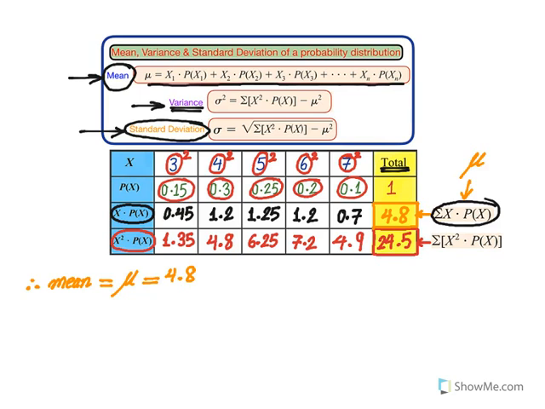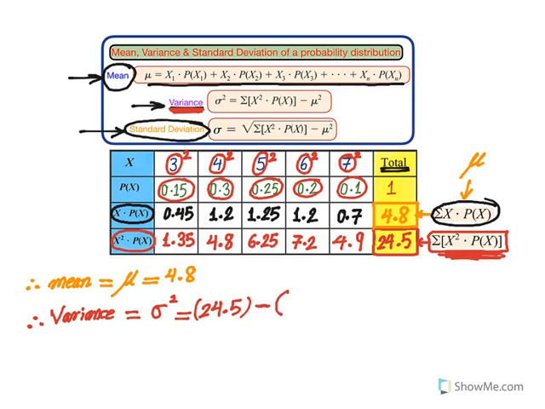But this number 24.5 is just the sum of the squares of the x's times the probability of x. For the variance, it is this total that you just computed, minus the square of the mean. So the variance, which we call sigma squared, is equal to the total that we found here, 24.5, minus mu squared.